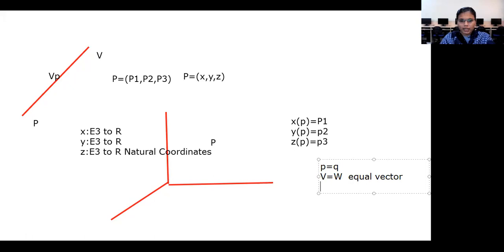And the second case is, suppose P is equal to Q, but V is not equal to W. If V is not equal to W, that means the direction vectors are different. In this case, we call them intersecting vectors.